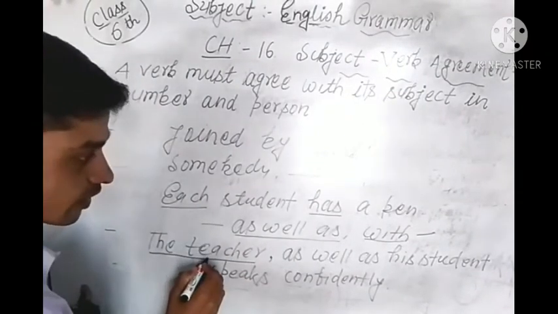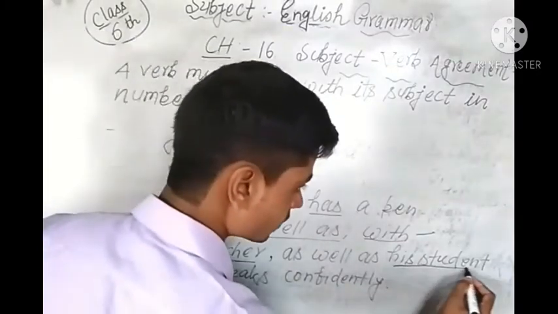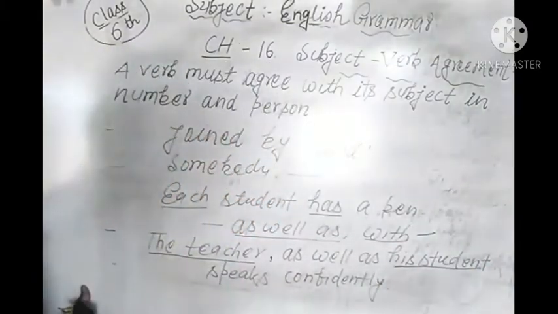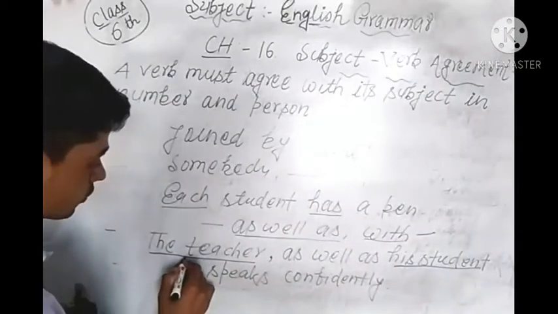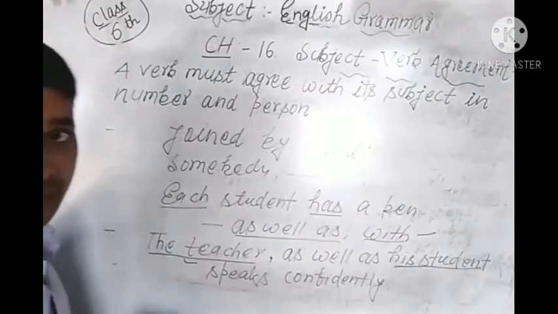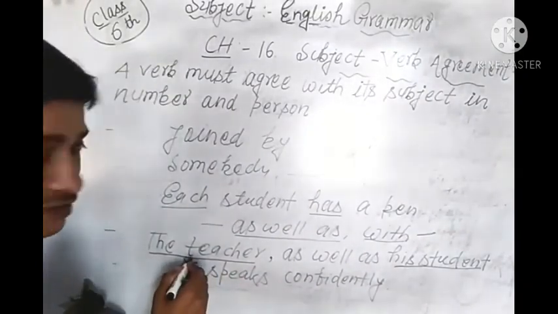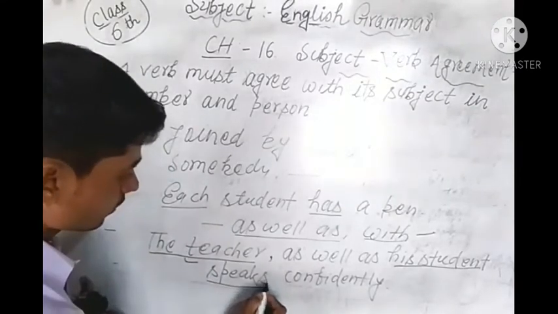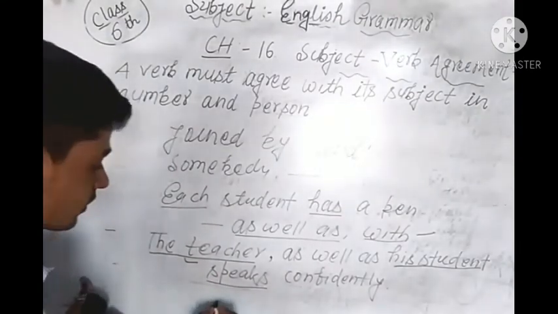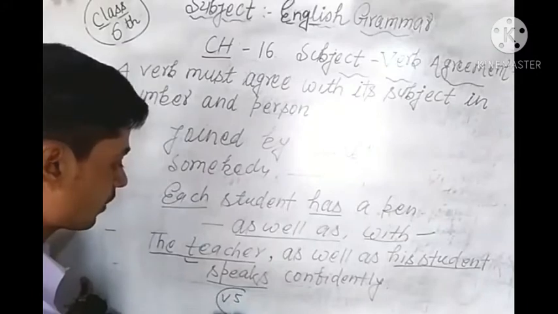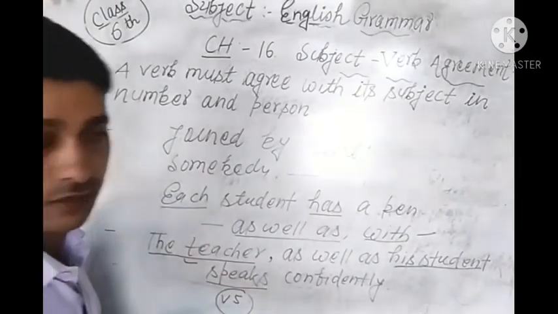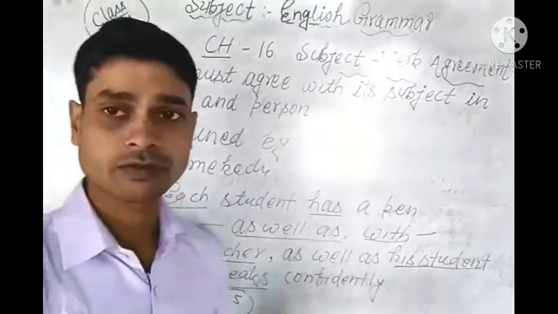Here the teacher is a noun, as well as he is a student is a noun. There are two nouns, but we use the verb according to the first noun. The teacher is the subject, so I have used speaks, which is a V5 and a singular verb.